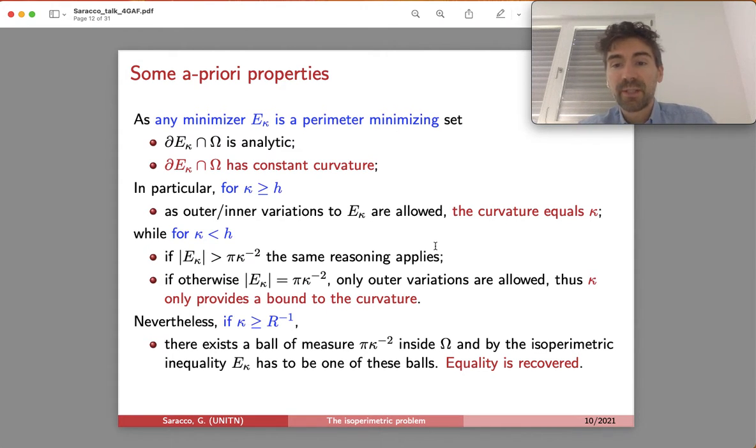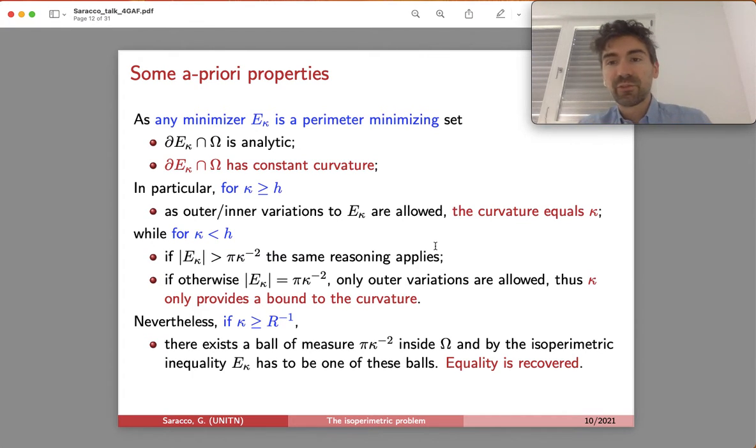And by the isoperimetric inequality, you discover that this minimizer, E kappa, needs to be one of these balls. So again, you recover equality on the curvature. And this is more or less the technical reason why we require kappa to be greater than or equal to the curvature of the maximal ball contained inside omega.